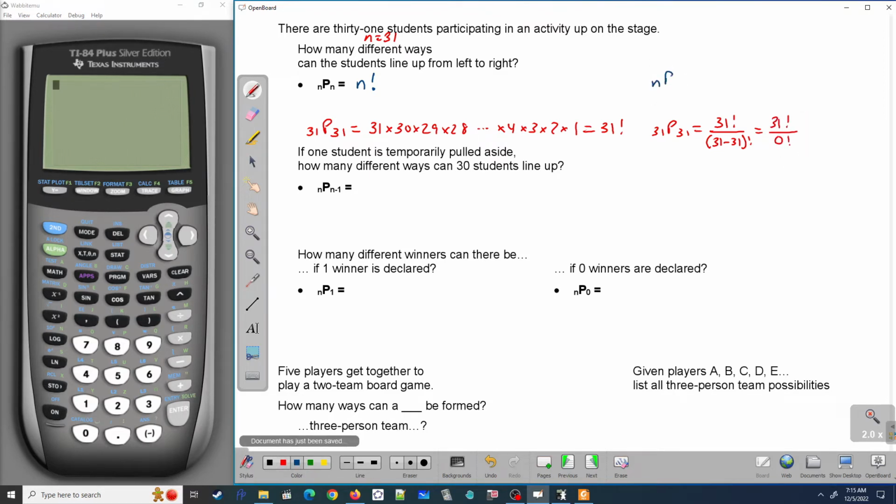Let's write that for the more generic property up here. nPn is n factorial over n minus n factorial, which is the same as n factorial over 0 factorial.